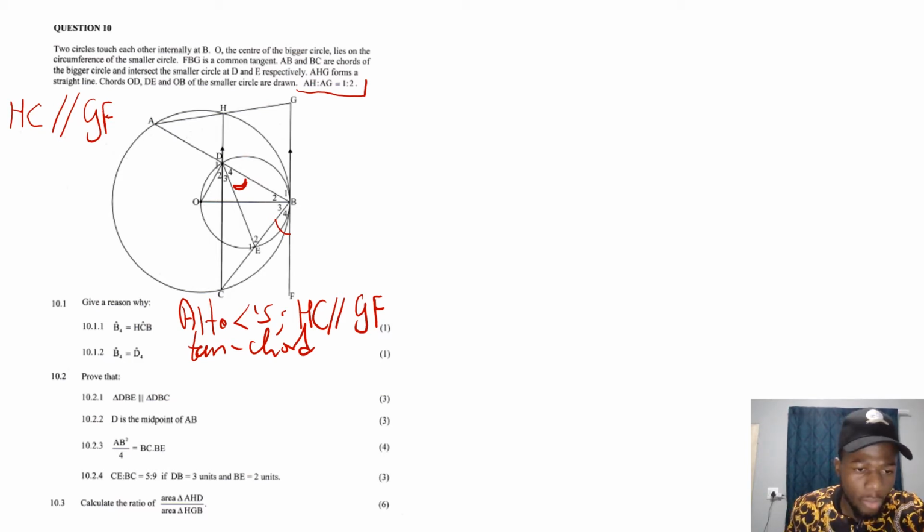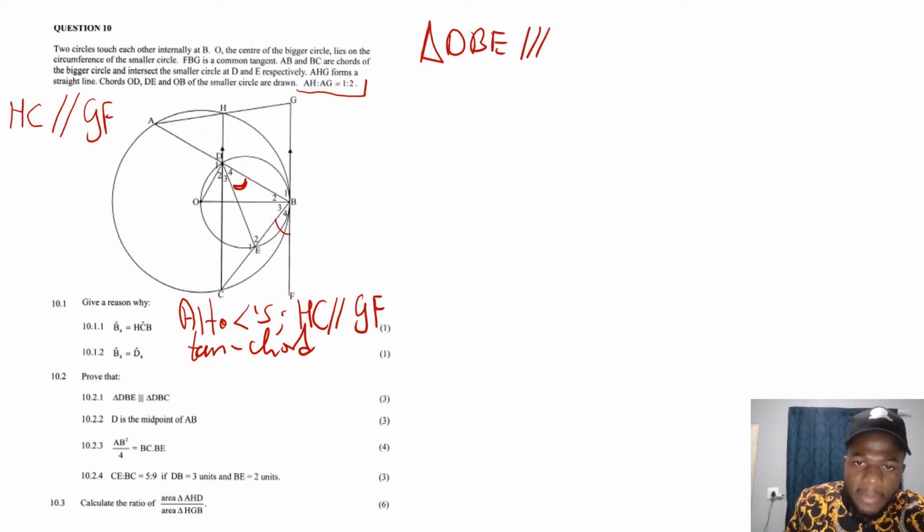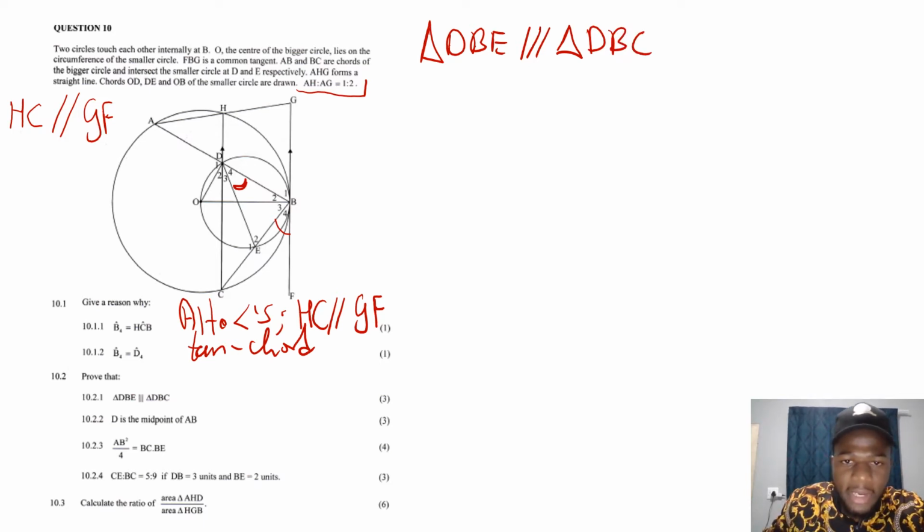Let's go to 10.2.1. Prove that triangle DBE is similar to triangle DBC. To prove similar triangles, it's very easy. You must prove that angle D in triangle DBE is the same as angle D in triangle DBC. So let's go ahead and check. Are they equal?